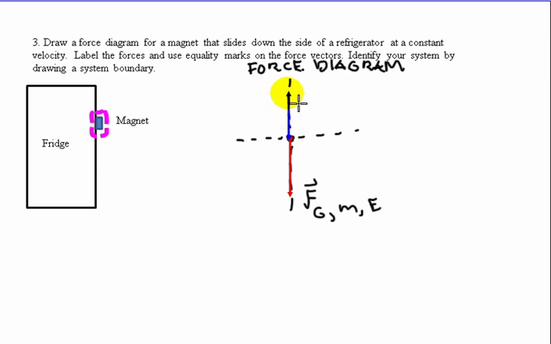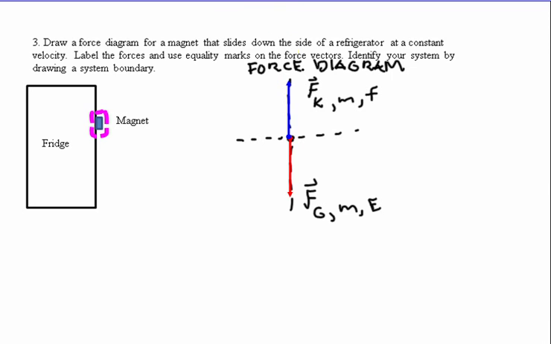Every frictional force will be parallel to the surface. We have the surface of our fridge right here. So I'm going to draw a vector that points in the opposite direction. Because this is a motional frictional force, this will be kinetic friction. It acts on the magnet, and the source of this frictional force is the fridge, the surface itself. The source of every frictional force is a surface.